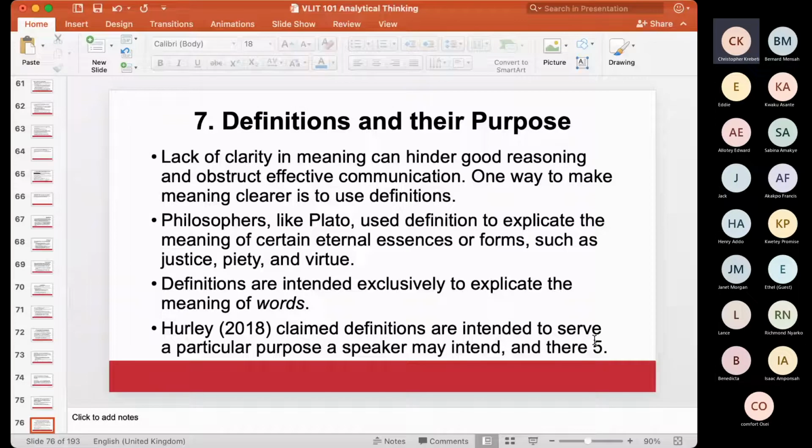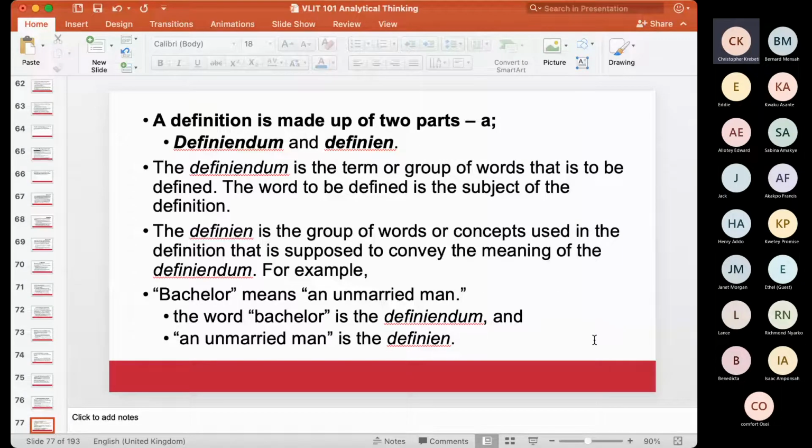Okay. So there are 5 of these kinds of definitions, right? Now, when we talk about definition broadly, it has 2 parts. It has the part called definiendum, and then the part called definien.